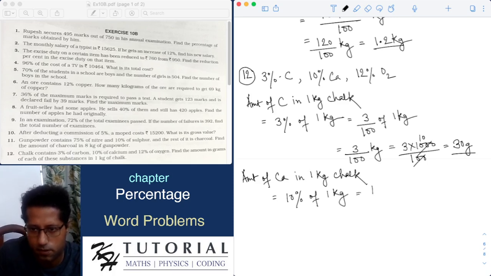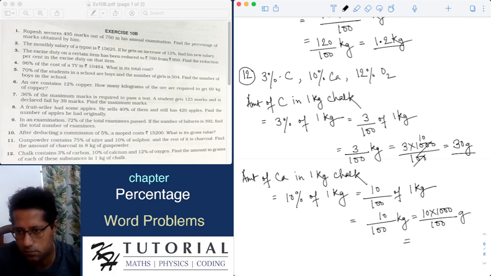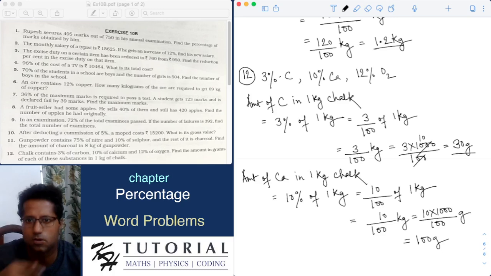This equals 10 by 100 of 1 kg. This equals 10 by 100 kilogram. This will be equal to 10 into 1000 by 100 gram. This is equal to 100 gram.